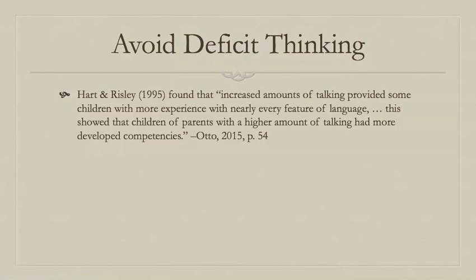But that doesn't mean that the children come into the classroom with a deficit. That just means they bring in other skills that are going to be really good for you as a teacher to leverage, so that the child, using the skills that they already have, can continue to develop their oral language and literacy skills.